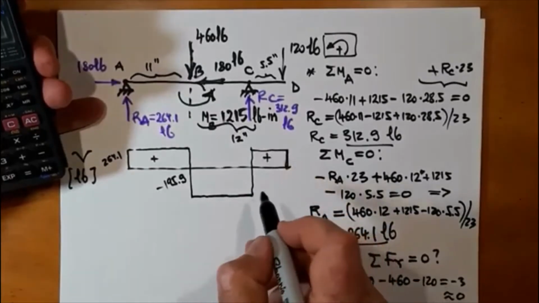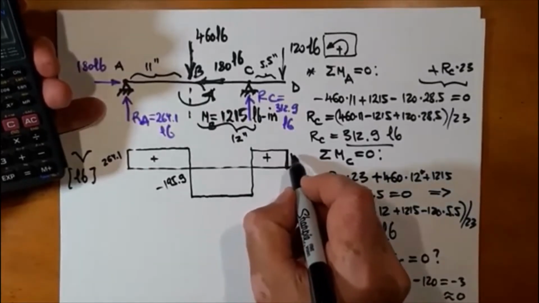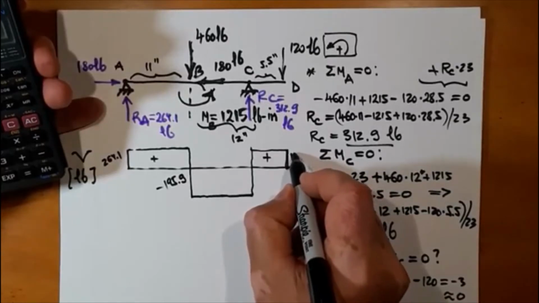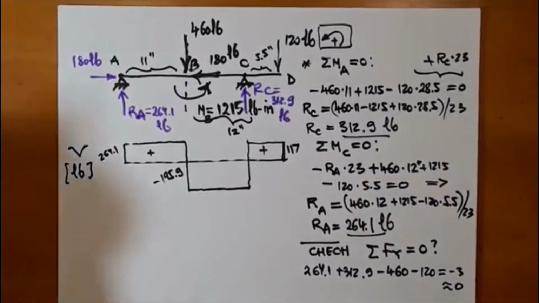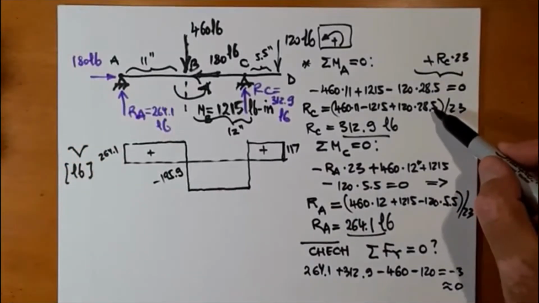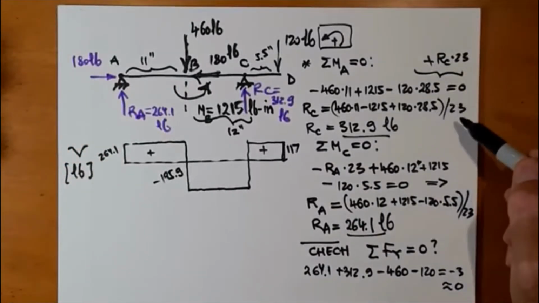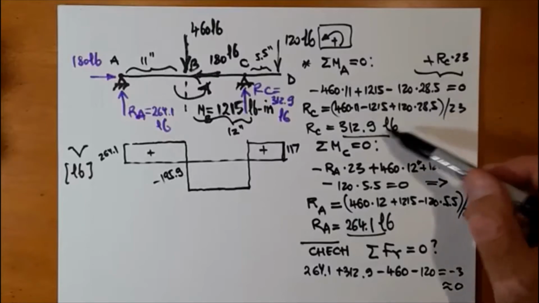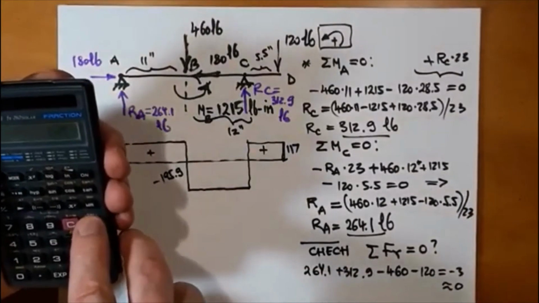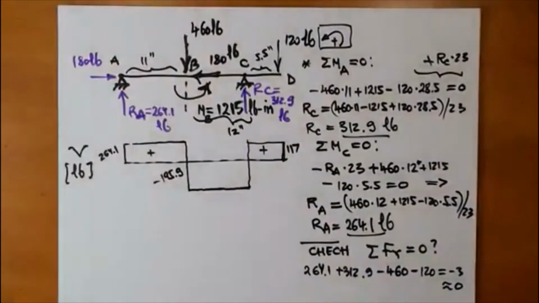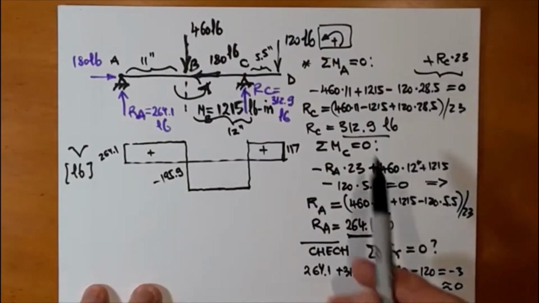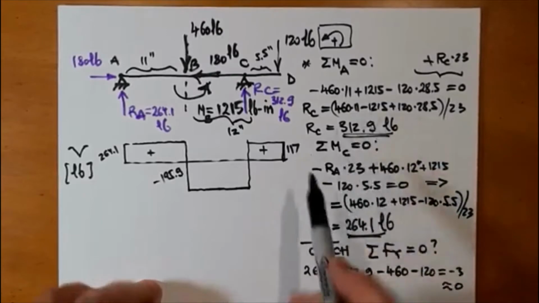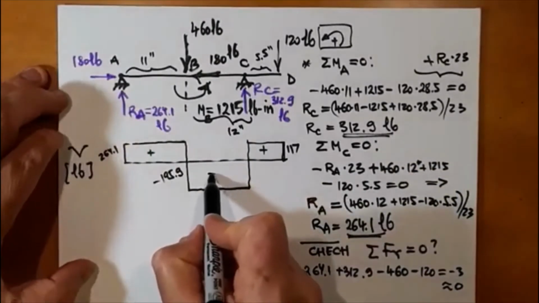This is positive again. Should have been 120. I'm still puzzled. Maybe I missed something somewhere, maybe a 5, one of these forces. Okay, maybe you can figure out where the small mistake originates from. I'm sorry for this.